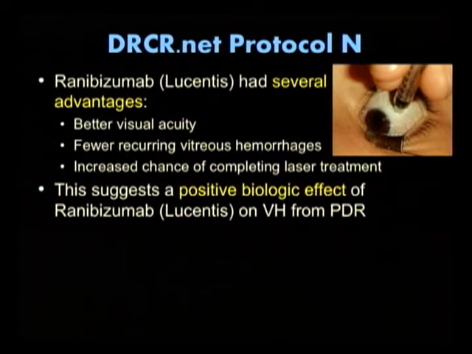Therefore, this medicine, clearing the blood in the eye, allowed the provider to have a better view to the posterior pole and apply laser adequately to prevent the chance of a vitrectomy or the need for complicated surgery. These three findings have allowed us to determine that ranibizumab, Lucentis, and by extension its VEGF peers, Eylea and Avastin, have a positive biologic effect on vitreous hemorrhage from PDR.